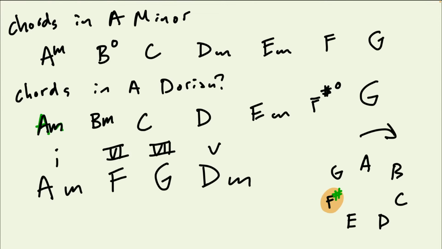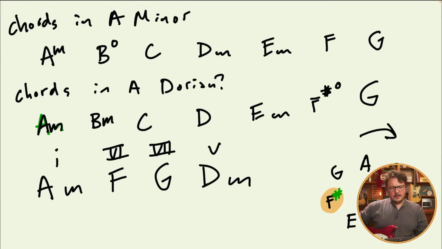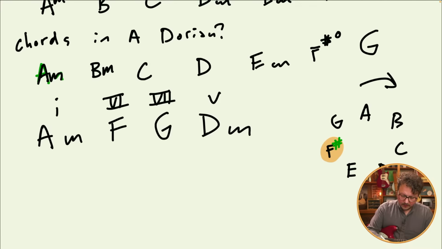So here, that's A minor, F, G, D minor. Well, that means this chord progression wouldn't really work in Dorian mode because we would have an F sharp diminished chord.